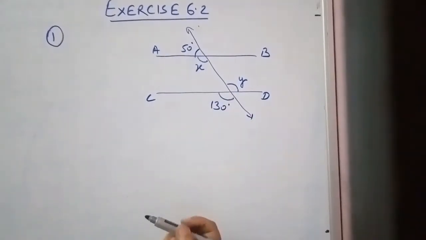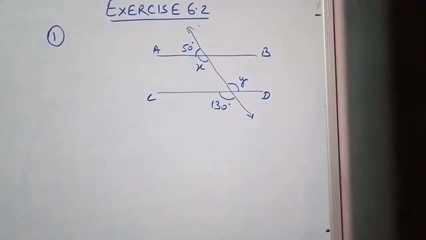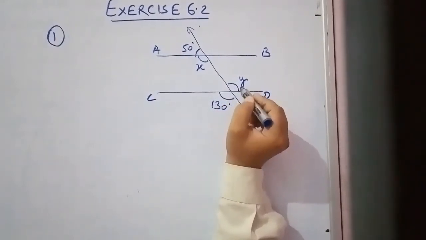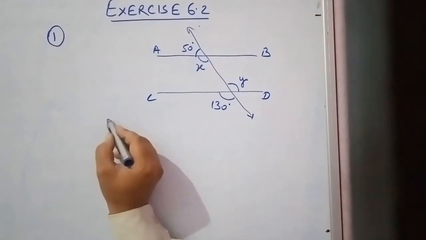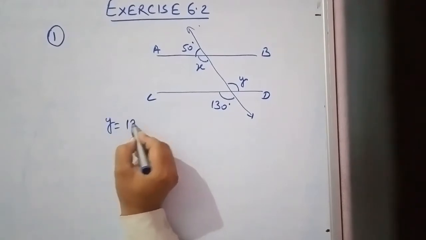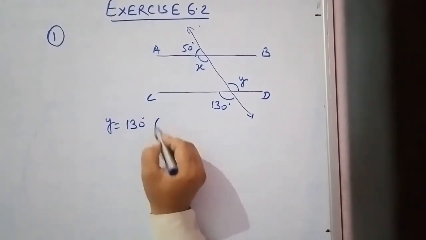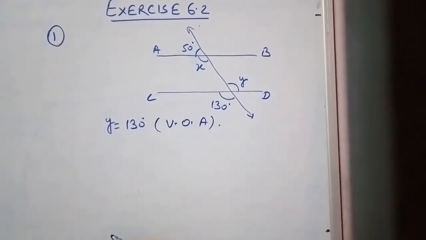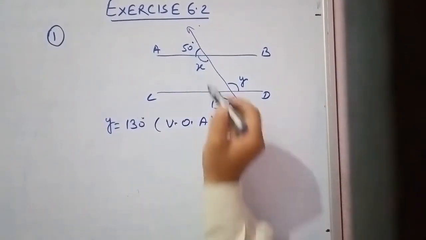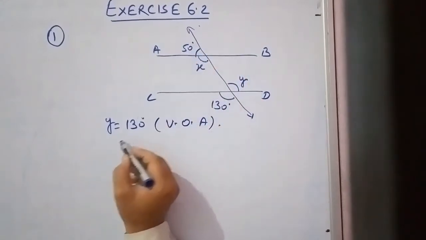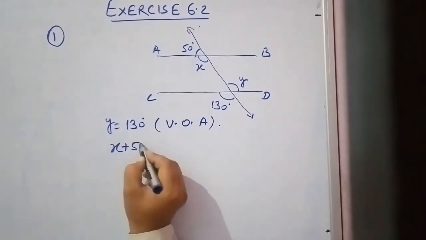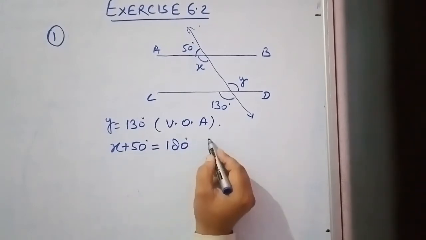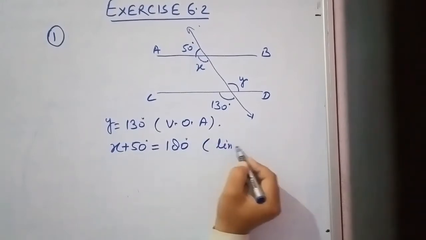So first we find the value of X and Y. Here Y is vertically opposite to 130 degrees, so Y equal to 130 degrees. The reason is vertically opposite angles. Now X plus 50 equal to 180, and the reason is linear pair.